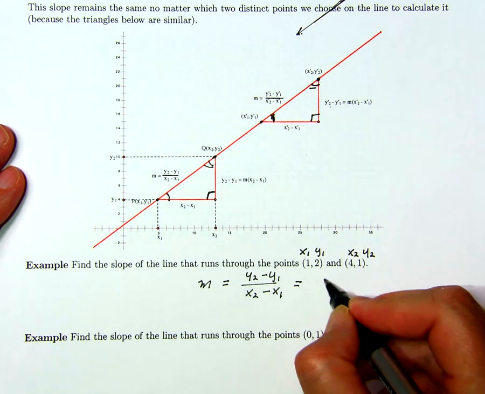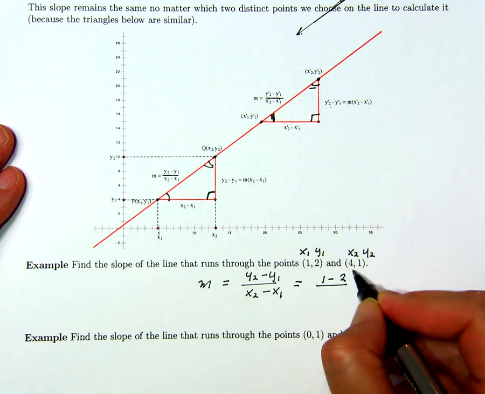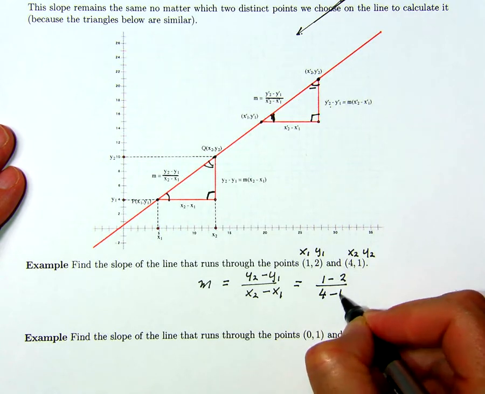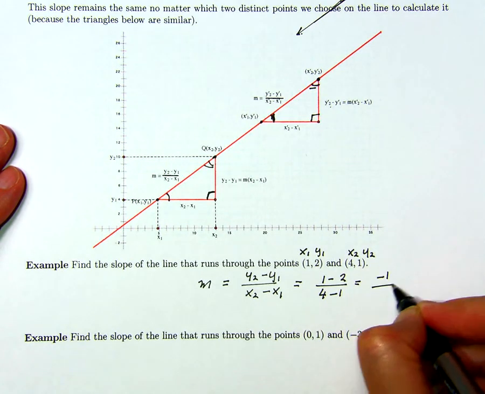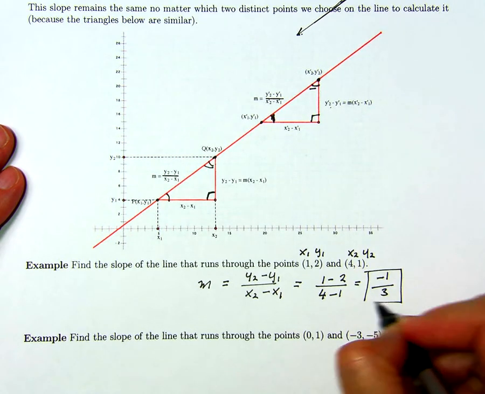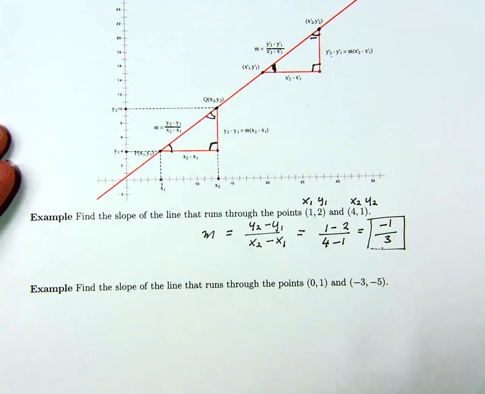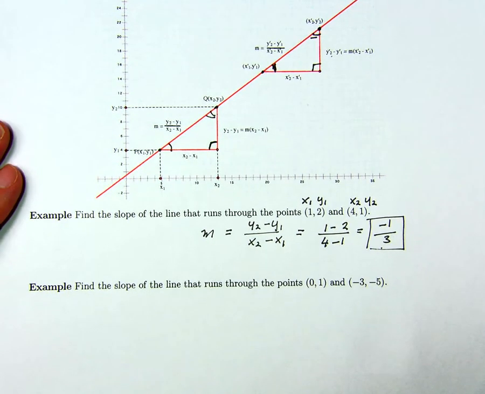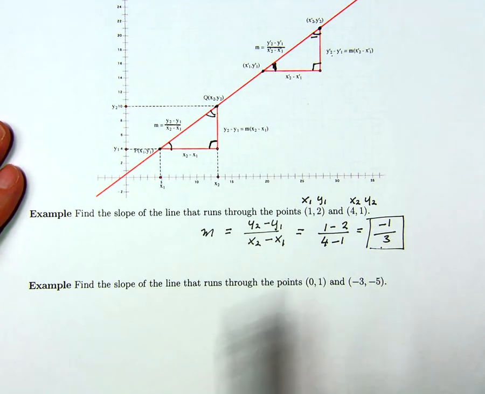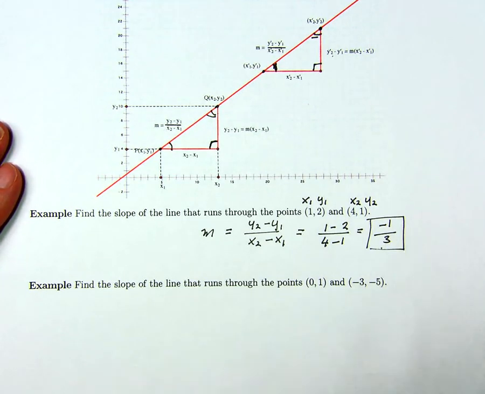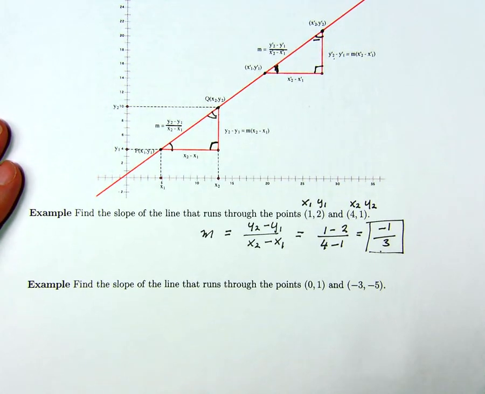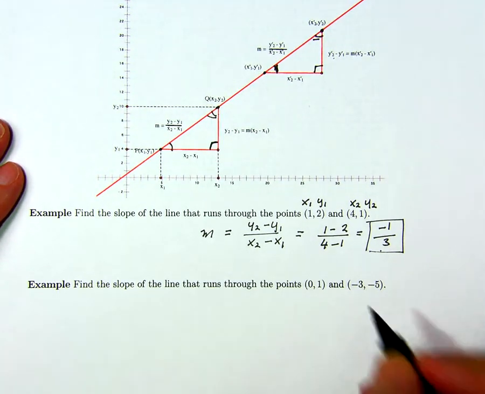So this is equal to 1 minus 2 over 4 minus 1, and that's equal to minus 1 over 3, and that's the slope of this line. It's a negative number, and no matter what 2 points I pick on that line, the slope is going to turn out to be this number.